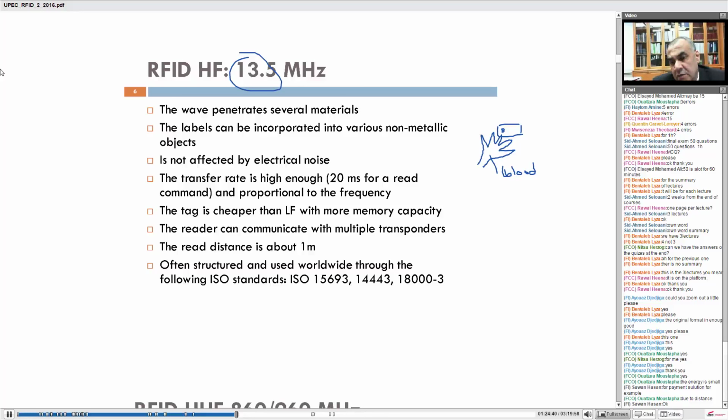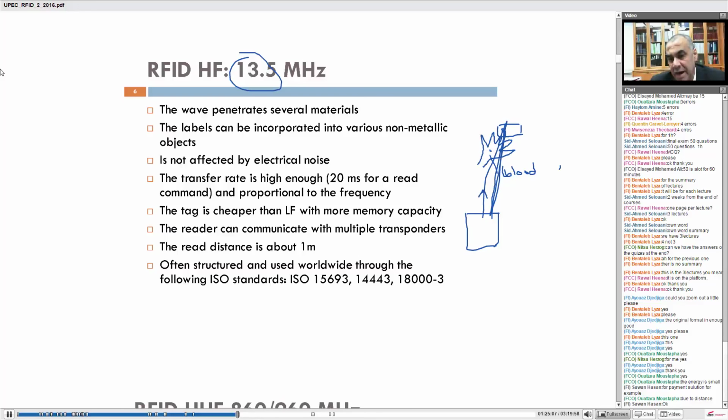Blood is liquid, and we know that in that frequency, in the low frequency, it's not a problem. If you have a reader here, assume that you have a reader antenna, then you communicate, exchange. This is an electromagnetic wave. You have blood here.